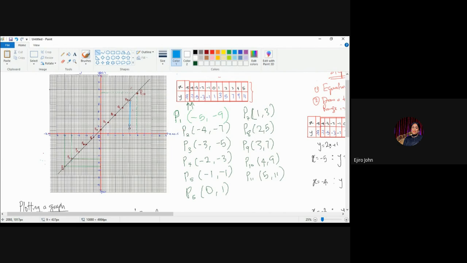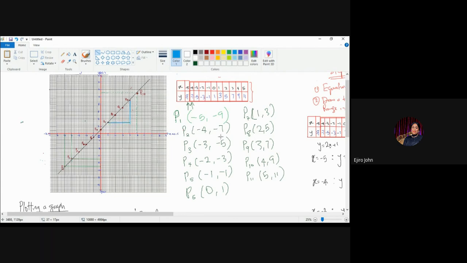You choose any point on the line, then you draw another line, choosing any 2 points.